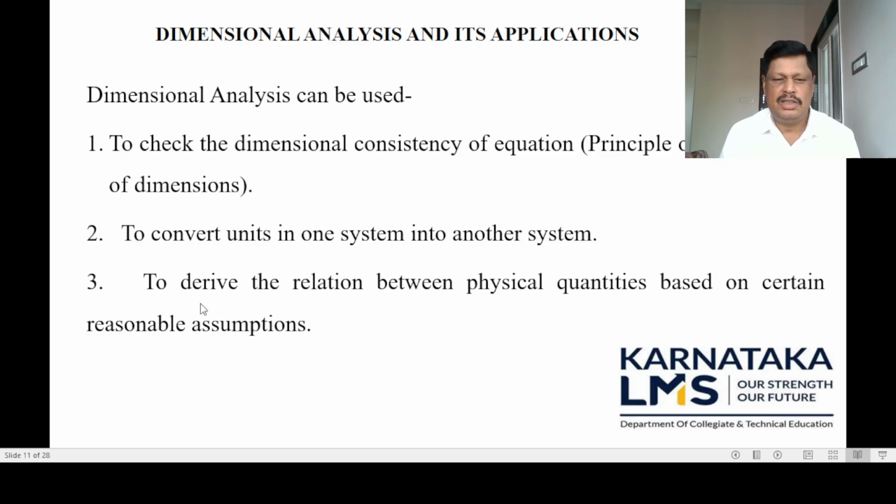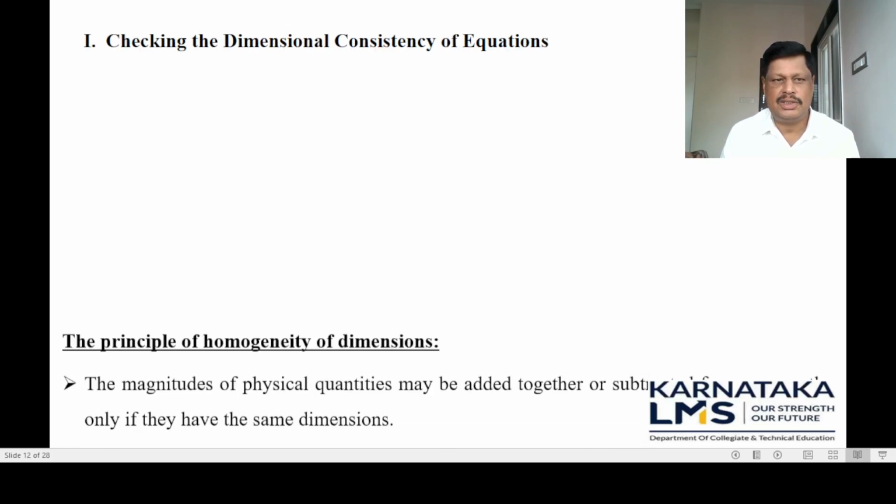And the third one, it is used to derive the relation between physical quantities based on certain reasonable assumptions.